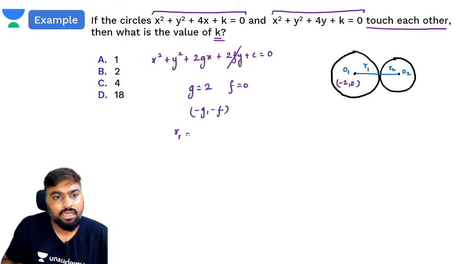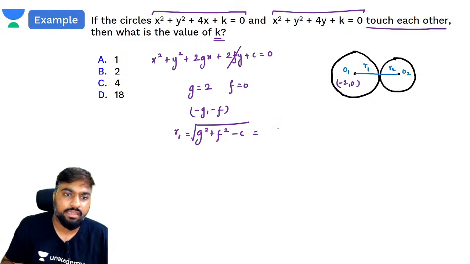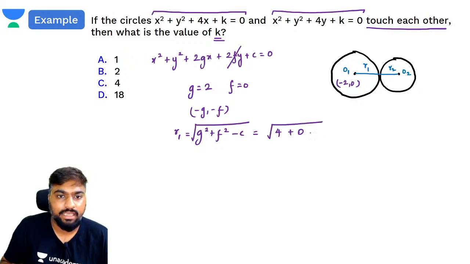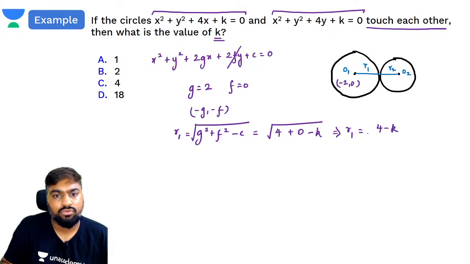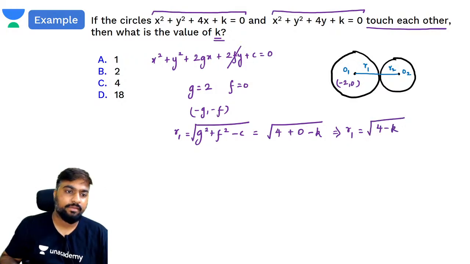What is R1? R1 is given as the whole root of g square plus f square minus c. Here, 2 square is 4, f is 0, and c, what is c? It is k. So you get the radius of the first circle as the square root of 4 minus k.